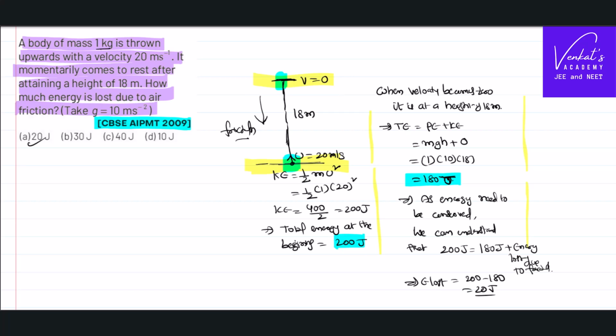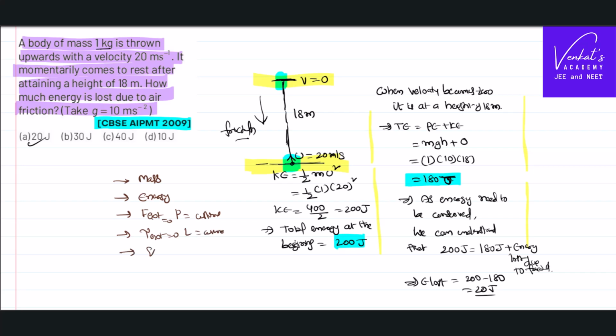I just want to tell you that 5 things in nature are generally always conserved. Mass is conserved. Energy is conserved. In translatory motion, when no external force is acting, momentum is conserved. In rotatory motion, when no torque is acting, angular momentum is conserved.